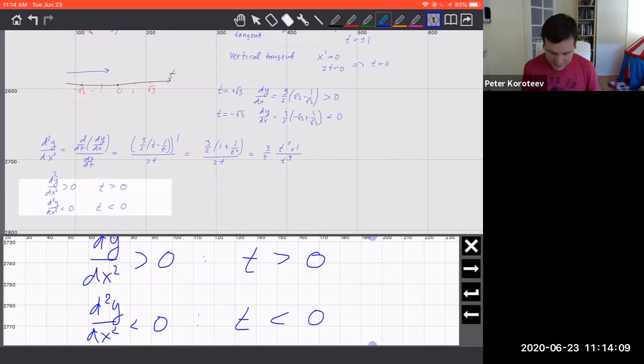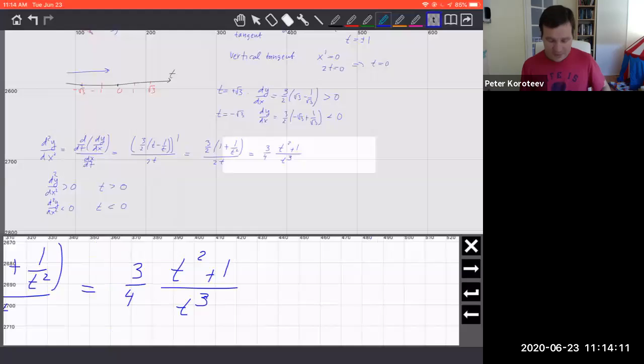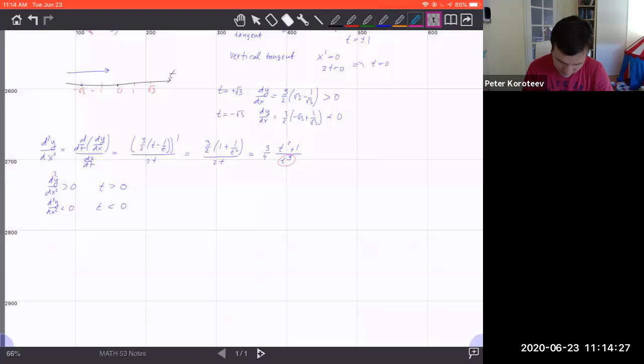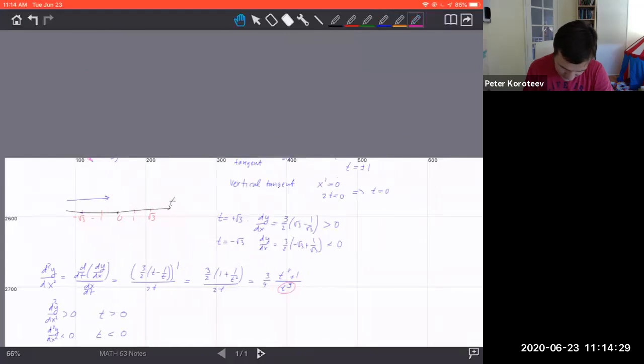Yes, that's right. Indeed, the sign definiteness comes from this factor, because t squared plus 1 is an even function, so the sign of the whole thing is determined by the denominator. And indeed, let's check, right?